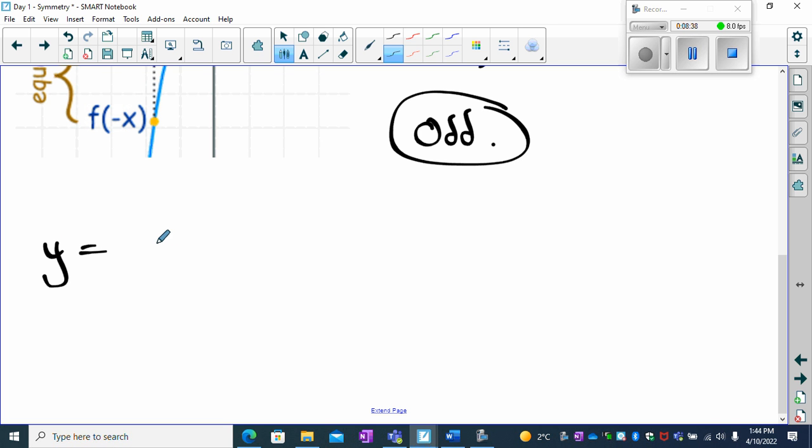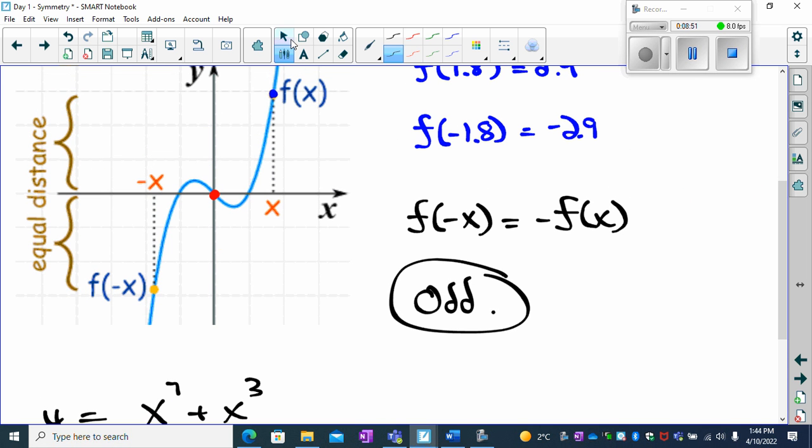An example of an odd function, you might see something like this. x to the 7th plus x cubed. Odd exponents gives you an odd function. An odd function is symmetric about the origin. Now the origin is the point 0, 0, right here where the x and y axis meet.